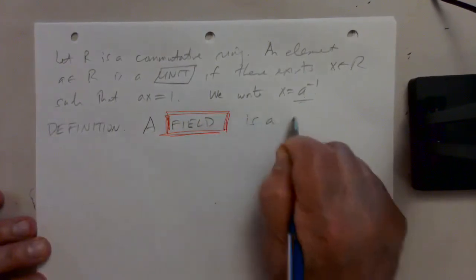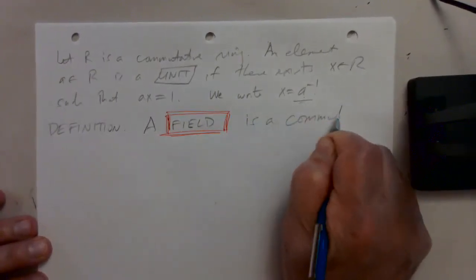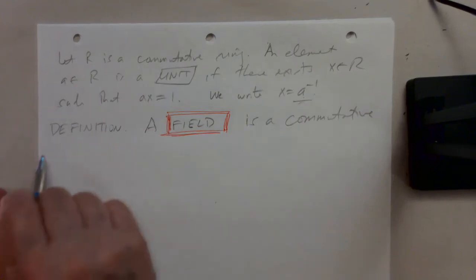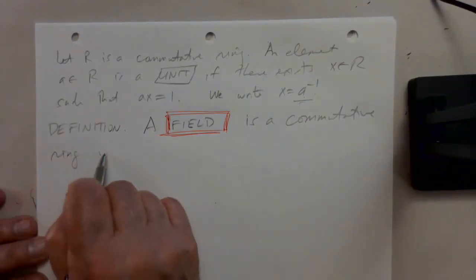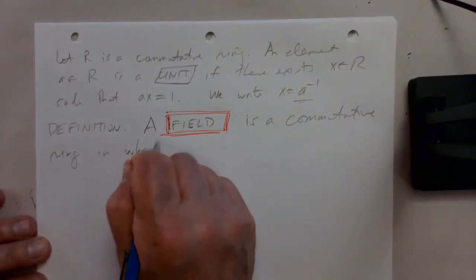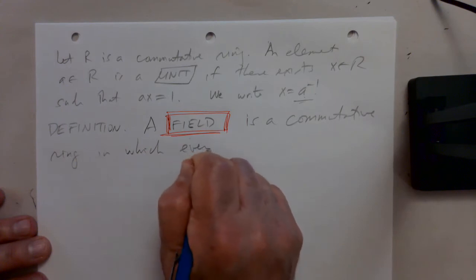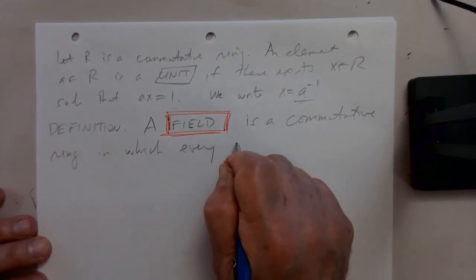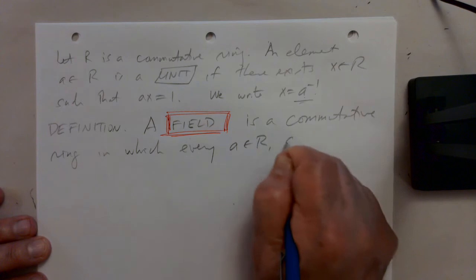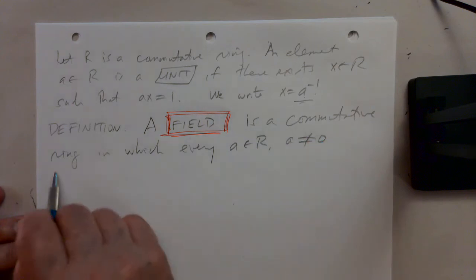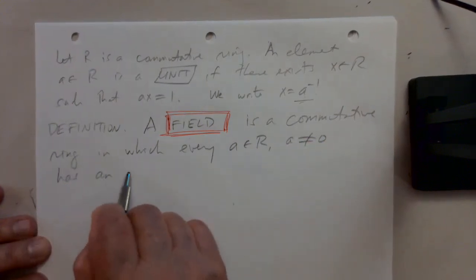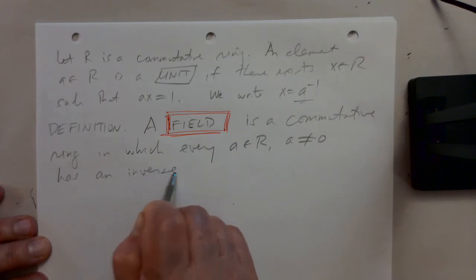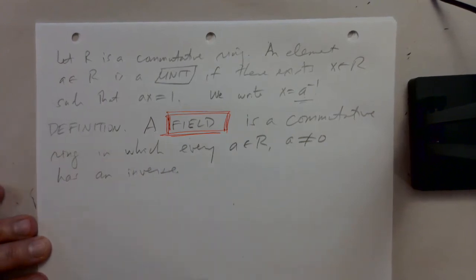A field is a commutative ring in which every element A in R different from 0 has an inverse.